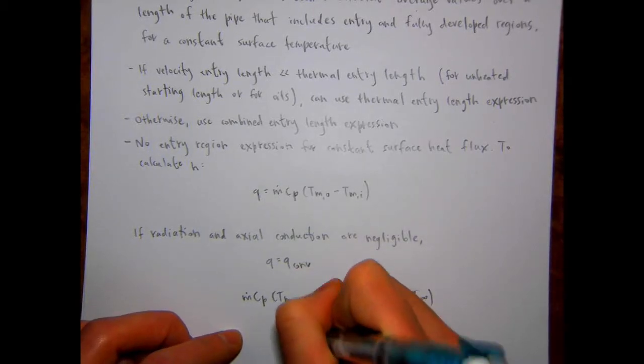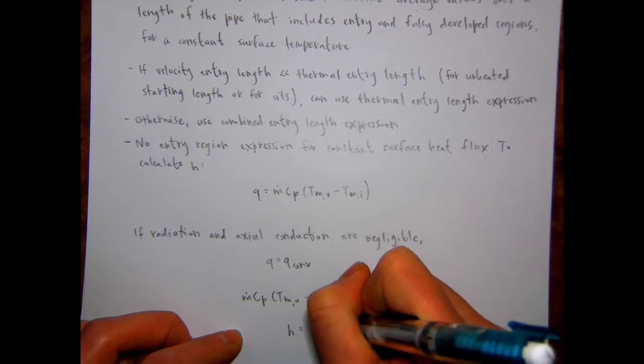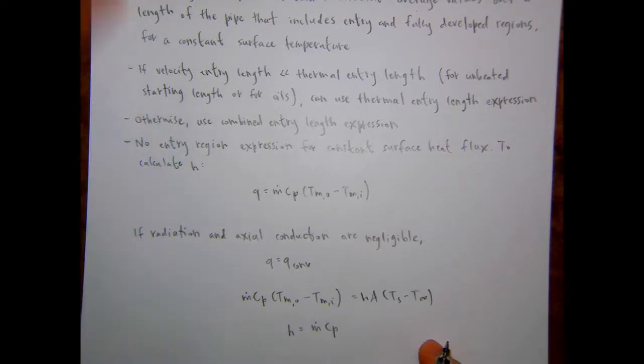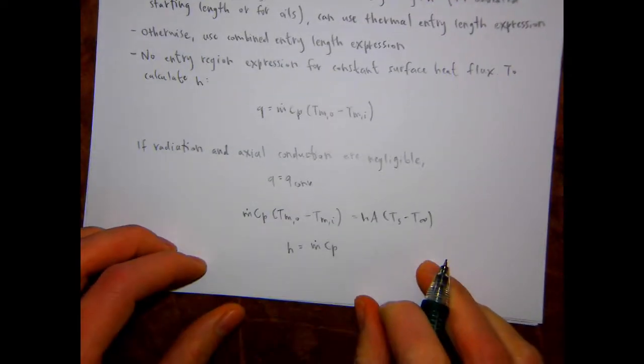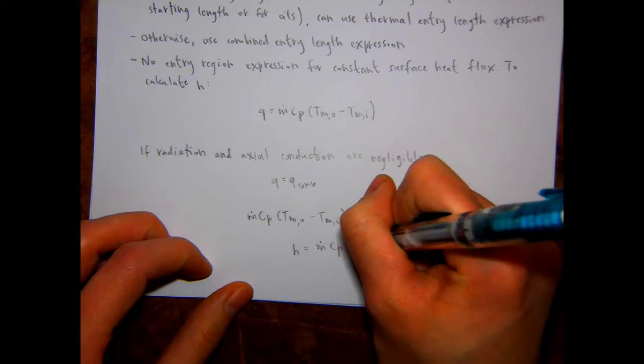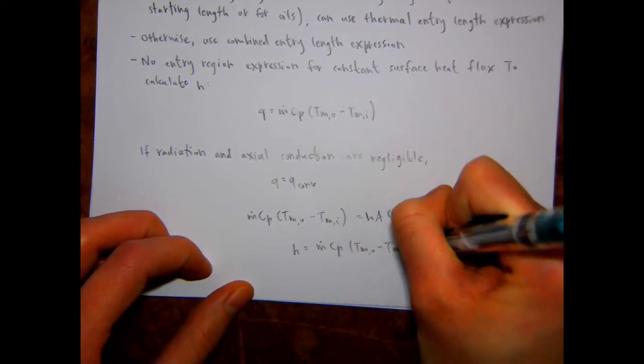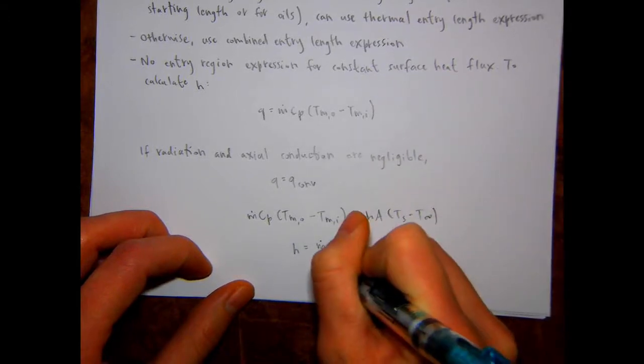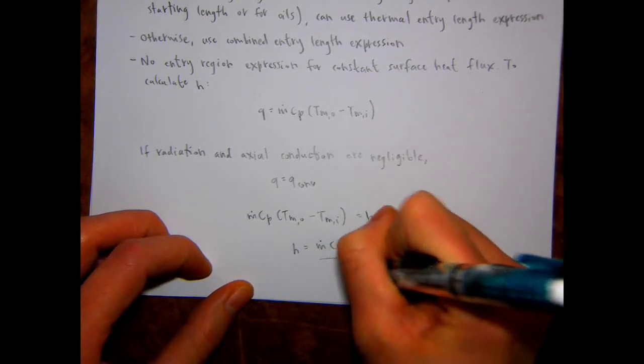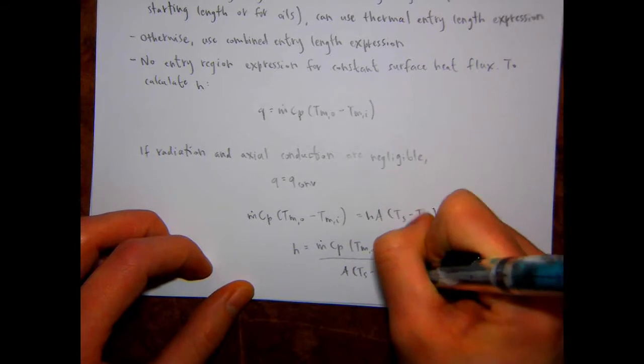And then h, you can just solve that for m dot Cp times the mean temperature at the outlet minus the mean temperature at the inlet over A times Ts minus T infinity.